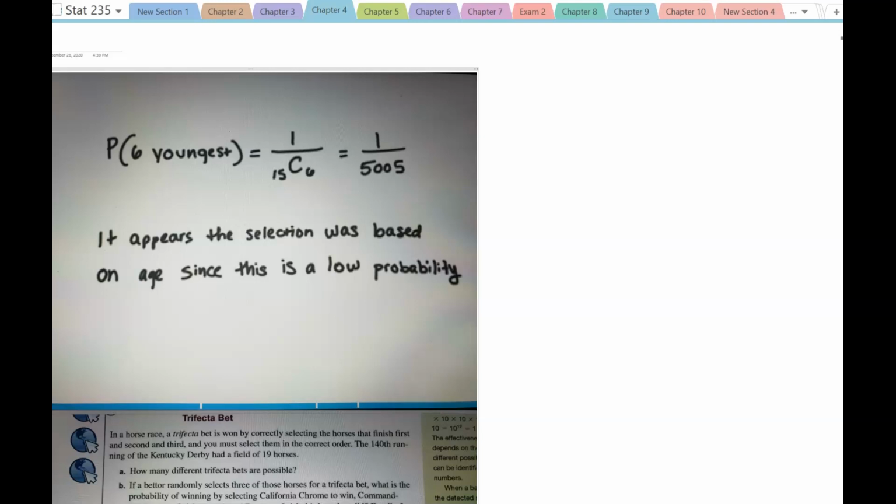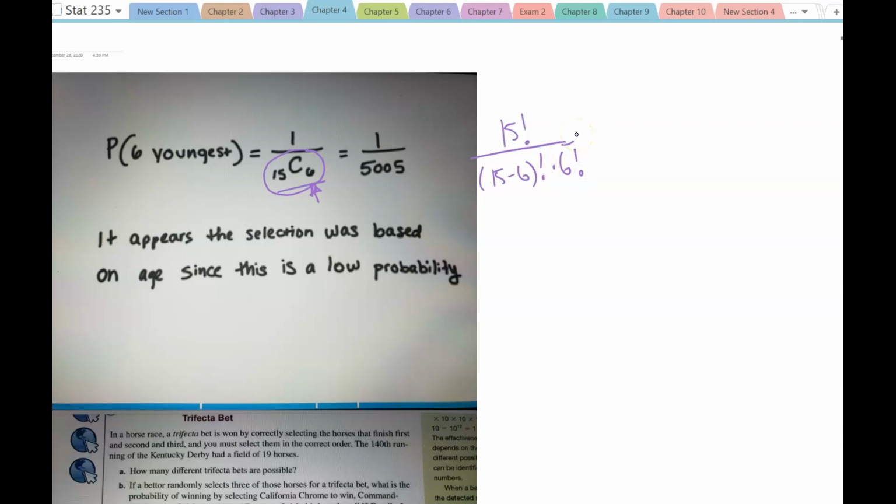On this example, we are looking at the probability that out of a group of 15, we pick the 6 youngest students. This is a combination, and most calculators have a combination button somewhere on there. You can plug that in. If you don't have a calculator that does that, you can say that's 15 factorial over 15 minus 6 factorial divided by 6 factorial.